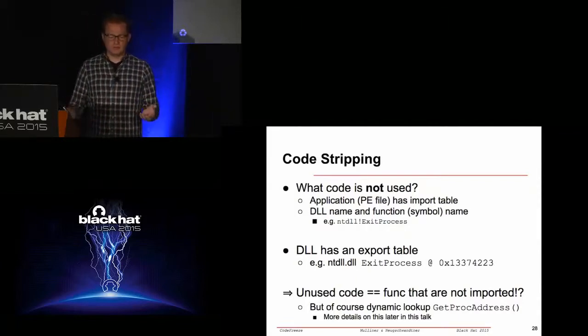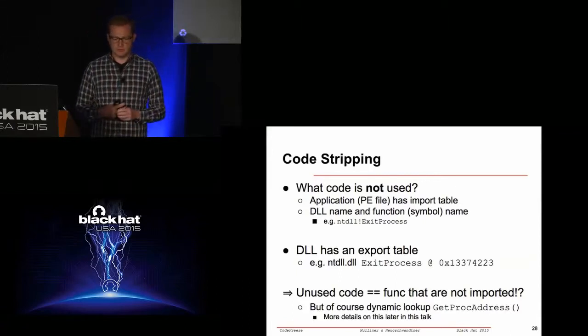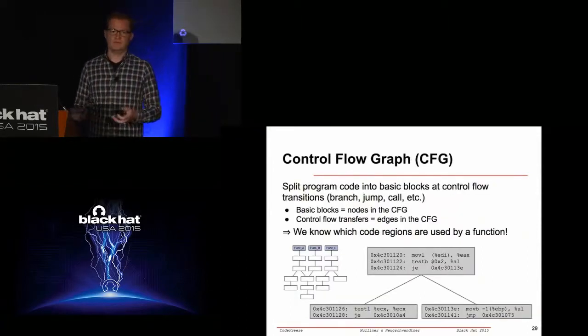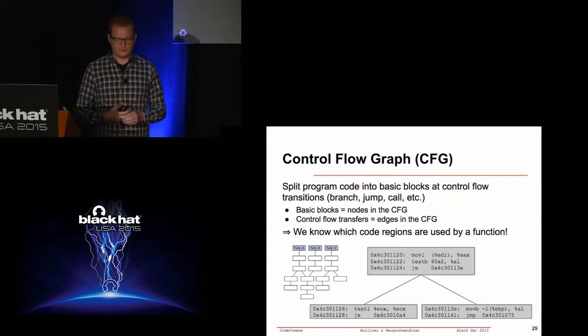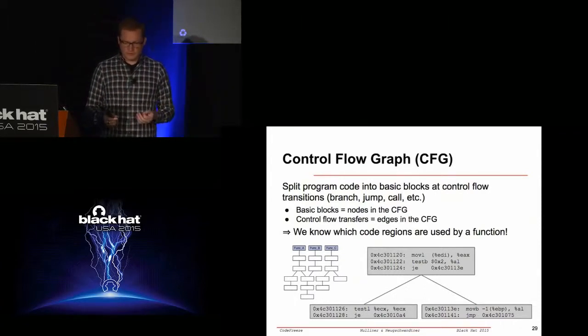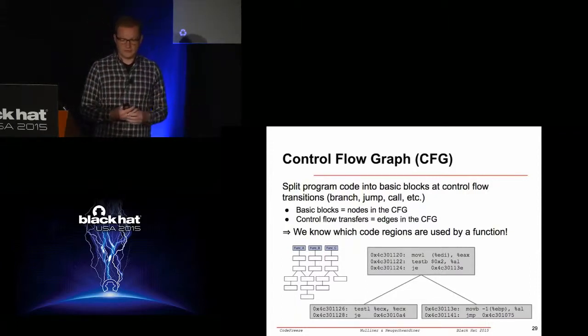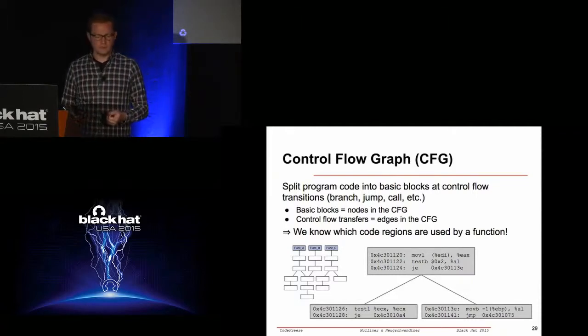But of course, there's dynamic function lookup like GetProcAddress, and we will talk a little bit about this later. But just to get the idea, exports versus imports: the stuff that's not imported, we consider not being used. And to determine what parts of the code use other parts, we look at the program's control flow graph.